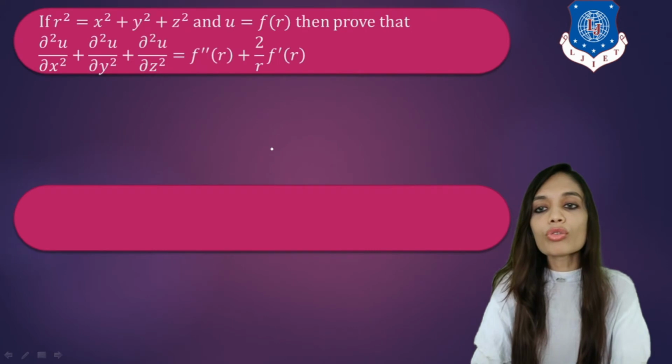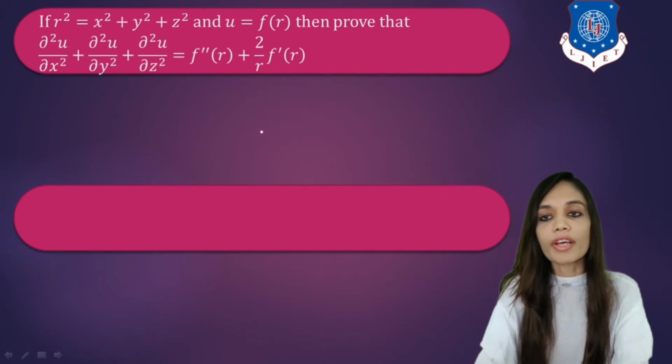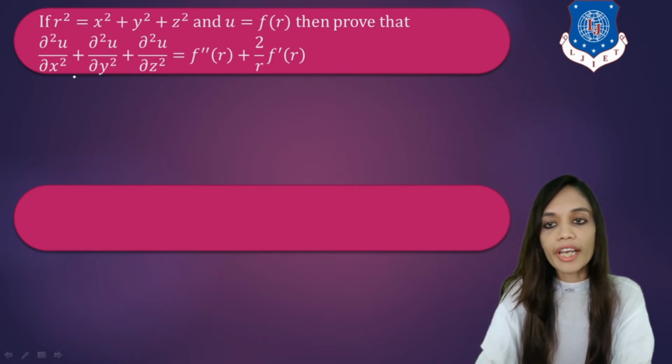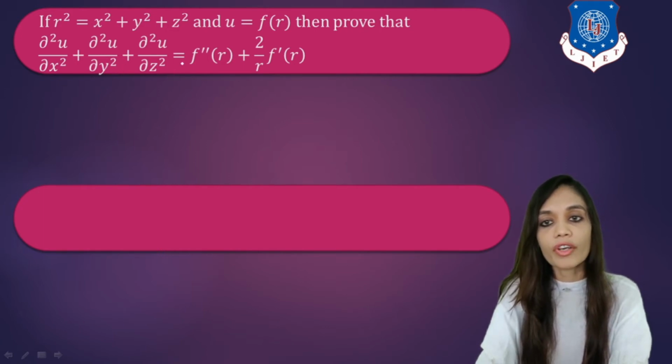Now, let us go to our next example, which is given as: if r square is equal to x square plus y square plus z square and u is equal to f of r, then we have to prove that del square u upon del x square plus del square u upon del y square plus del square u upon del z square is equal to f double dash of r plus 2 by r f dash of r.